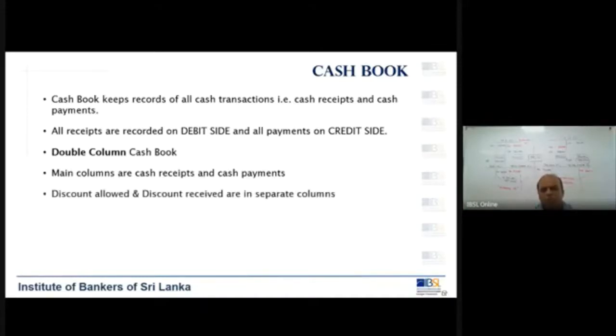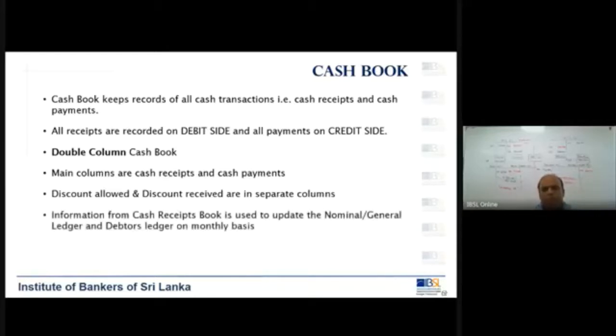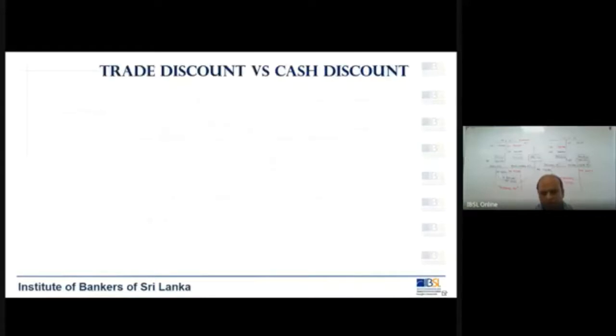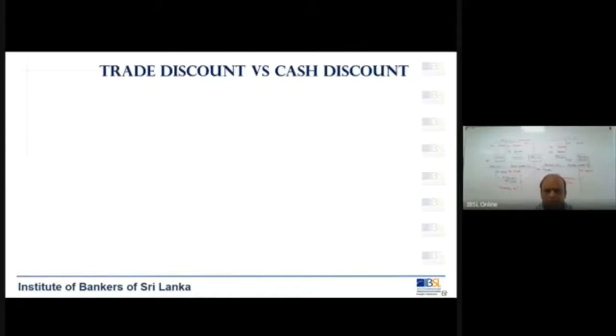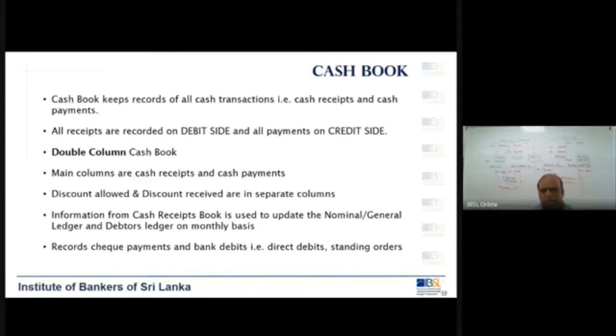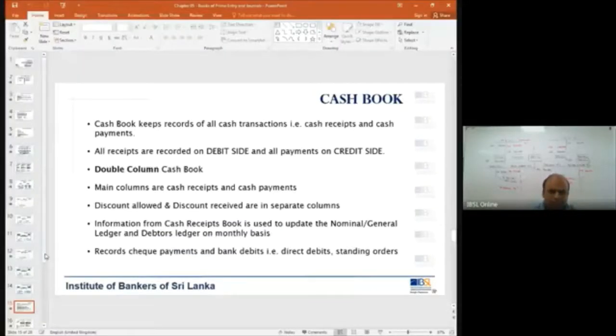And we also have discount allowed and discount received in separate columns, which I will also explain. And the information of cash receipt books is used to update the nominal or general ledger and the debtors ledger or the creditors ledger on a monthly basis. Okay, right. What we will do is, first we will understand the structure of the cash book.